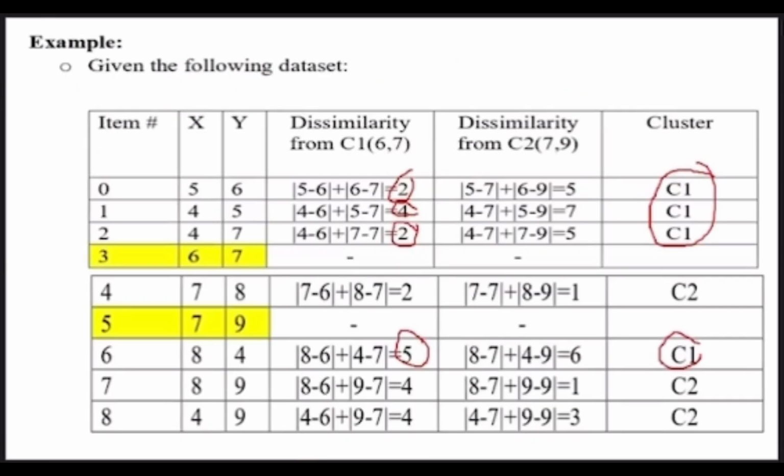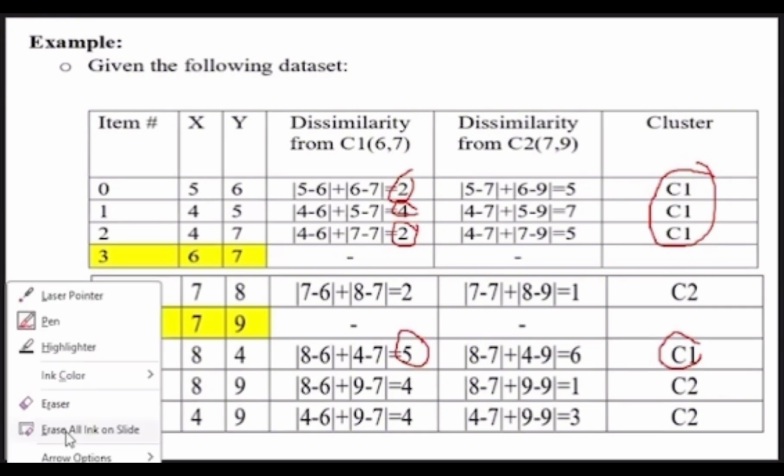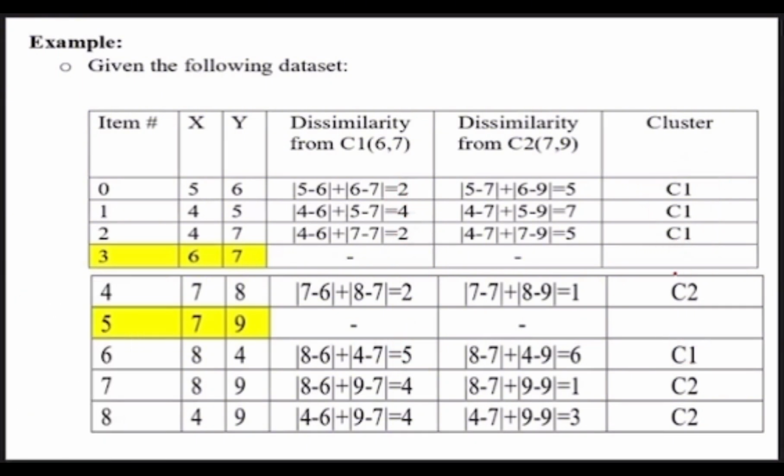Then I'm also going to go into the cost of the other one, for cluster 2, C2. I want to focus on this C2 and this C2. This is the smaller of 1 and 2, this is the smaller of 1 and 4, and this is the smaller of 3 and 4.